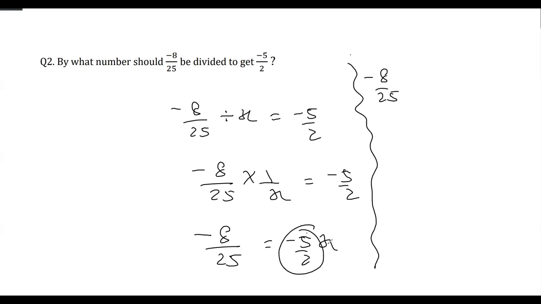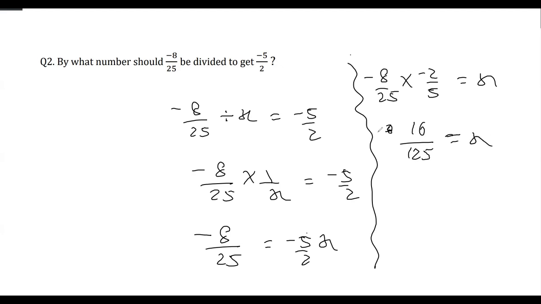That minus 5 by 2 multiplied by x, on the other side, it will get reciprocal. So minus 2 by 5, minus sign we generally write in the numerator, is equal to x. Now this comes out to be minus 2 into minus 8, and minus into minus is plus, that is 16, and 25 into 5 will give you 125. So we can say that the required number with which it should be divided is 16 over 25.